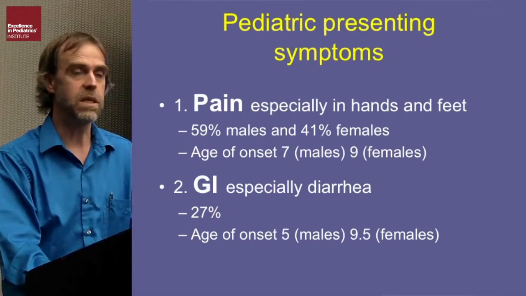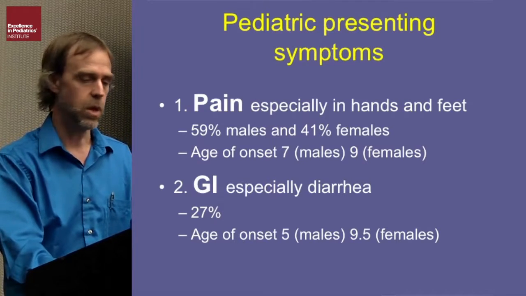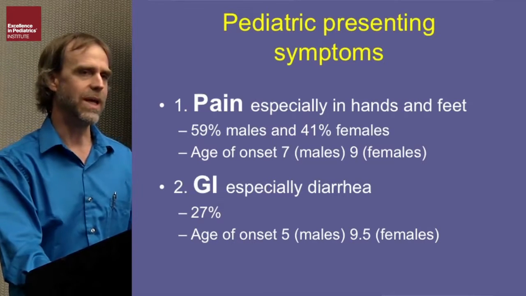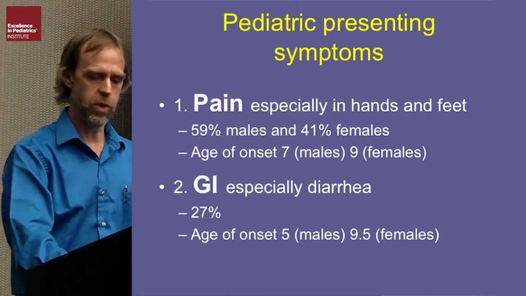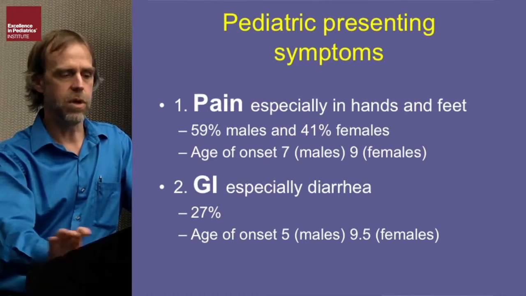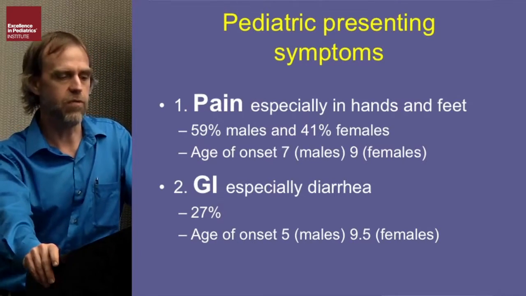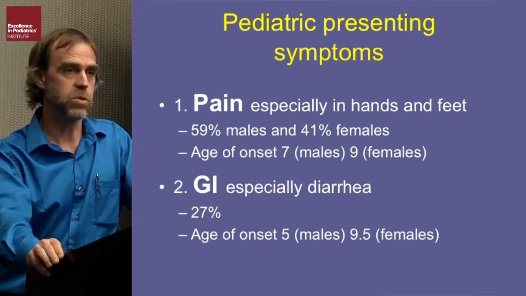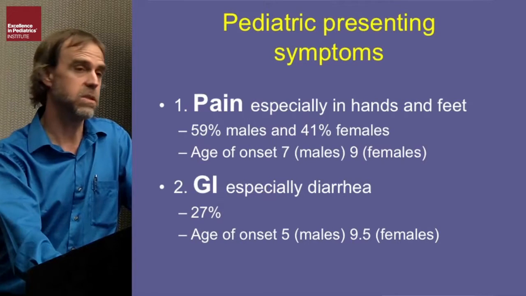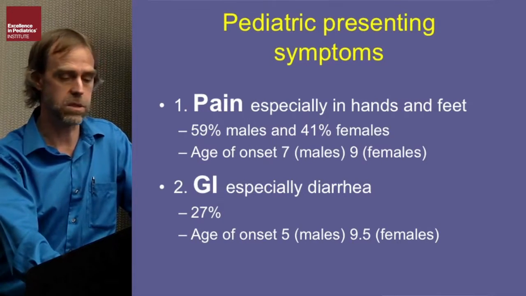Recurrent diarrhea is a significant issue as it results in missed school or in accidents at school, both of which are quite traumatizing to young children. Also of note, the age of onset for the boys with GI symptoms was a little bit younger than the age of onset for pain, so this is something to definitely pay attention to.